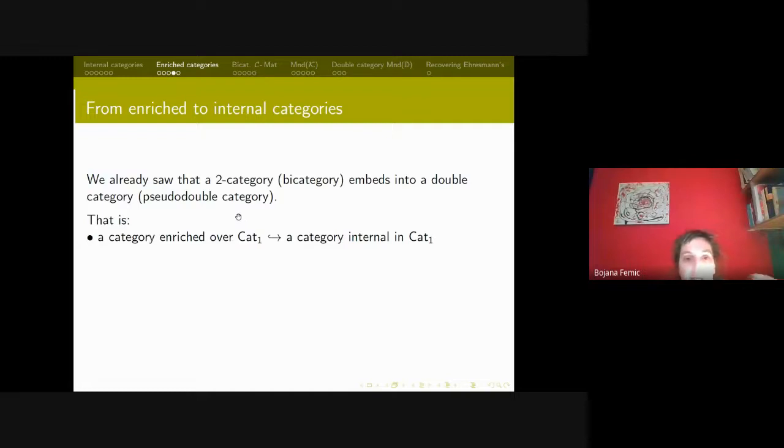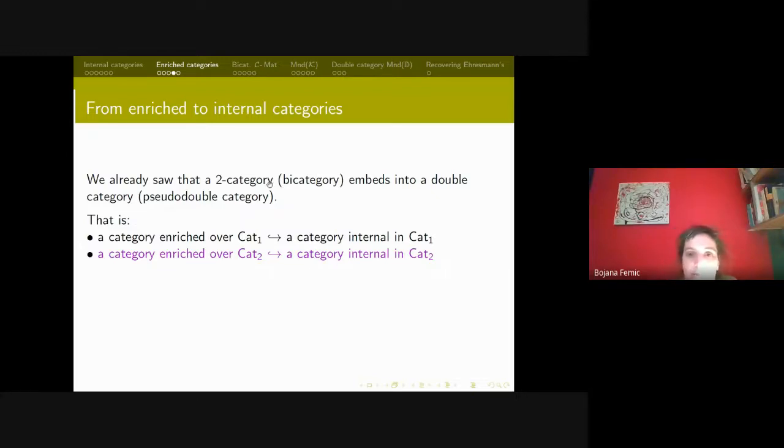Well, stated in other terms, a category enriched over Cat1 that we just discussed, which is a two category, embeds in a category internal in Cat1, which we know is a strict double category. And now in the weak context, because it involves enrichment and internalization in the two category and not in one category, I put it in lilac just to stress the difference in dimension.